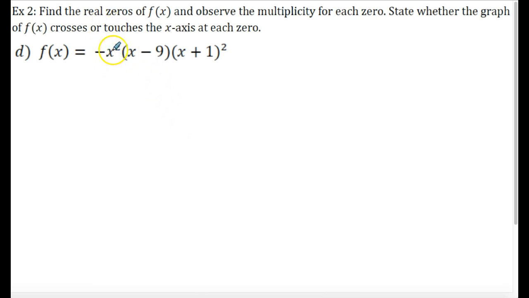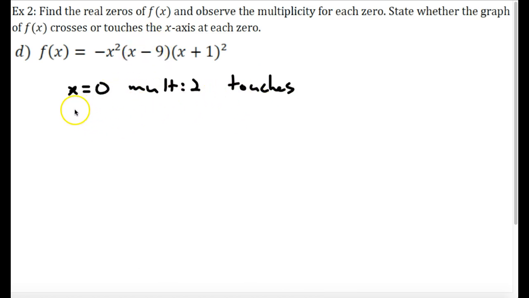All right, the first one, we have to look at this factor. Well, if I set negative x squared equal to 0 and solve, I would just get x equals 0, right? Its multiplicity is 2, which means it just touches the x-axis. We'll take a look at what that means visually here in a second, whether it crosses or touches.